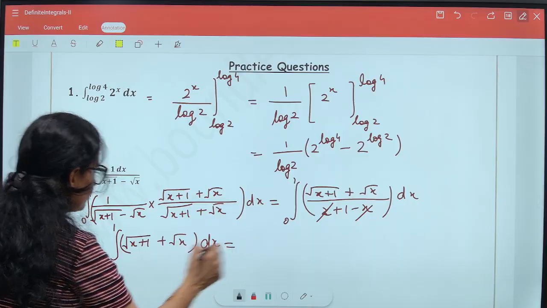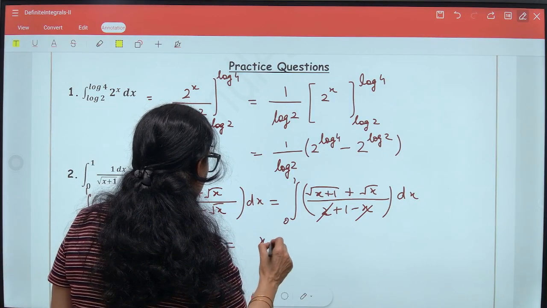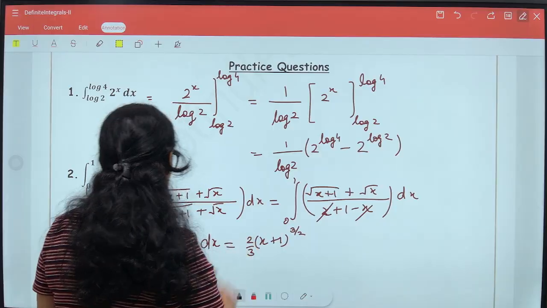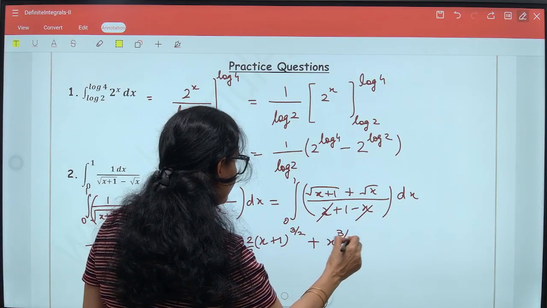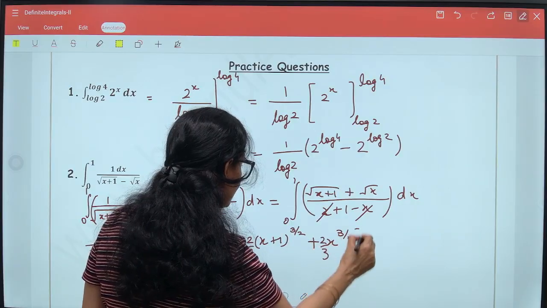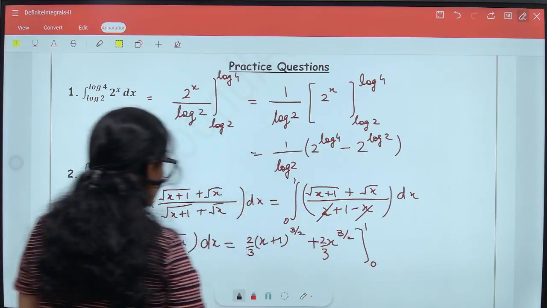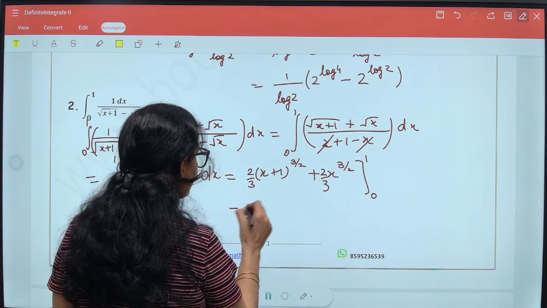Now what is the integral of this? This is easy, right? So it becomes (x plus 1) to the power of 3 by 2, and we have 2 by 3 by the side. Square root x becomes x to the power 3 by 2, and again we have 2 by 3 by the side, and the limiting values are 0 and 1. So we first put the upper limit value in place of x in this expression.